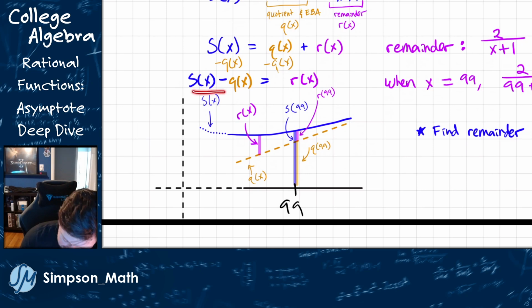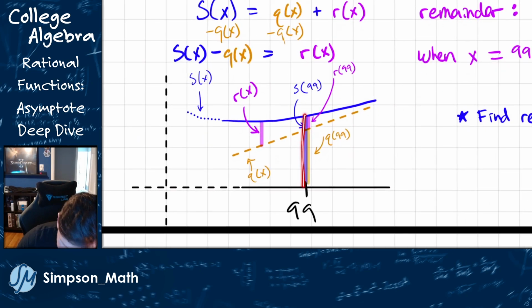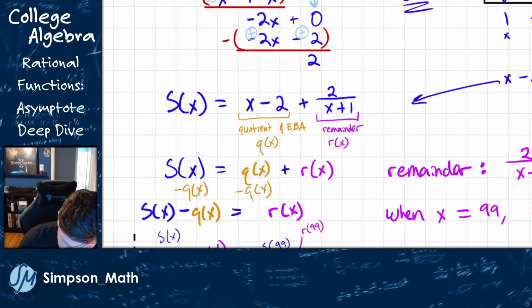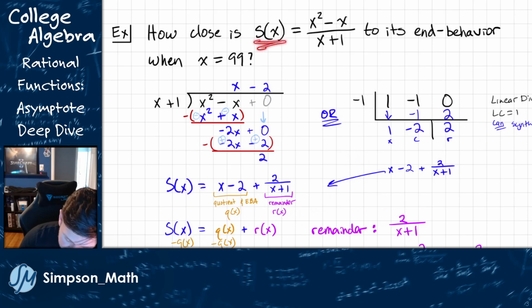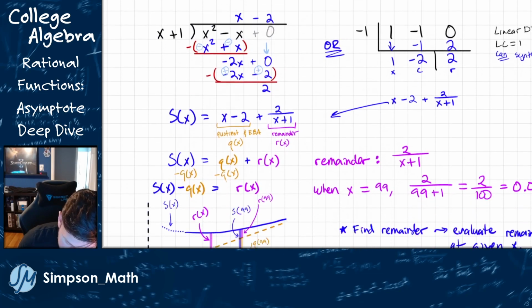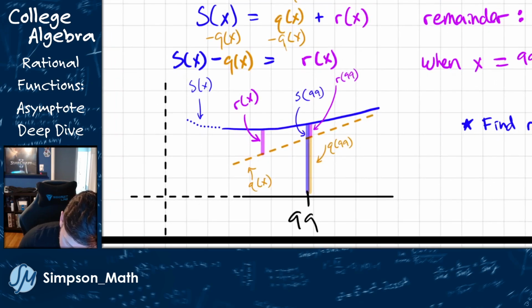So to find the difference between the s function, which is the actual function, and the asymptote, which is what the question is asking, how close is the s function to its end behavior when x is 99? Here's the s, here's its end behavior. How close is that? That distance is the remainder.